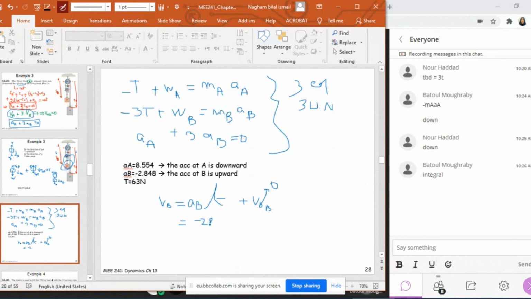So it's minus 2.8 times 2, which is equal to minus 5.6. What does a negative sign for vB mean? That vB is upward, all right? And this is the logical answer, in fact.